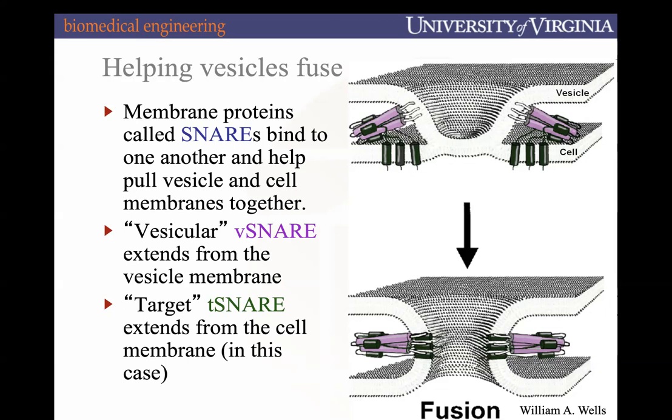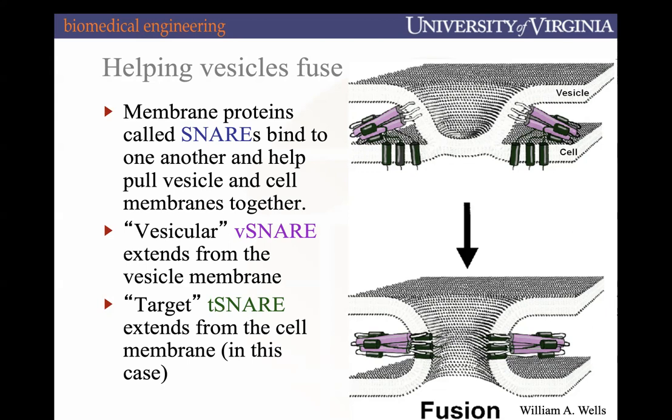Whether it's endocytosis, things being brought into the cell, or exocytosis, like neurotransmitters being released, vesicles binding to membrane requires these SNAREs. We have two species of SNAREs that we're going to focus on. We have vesicular SNAREs, or v-SNAREs, that come from the vesicle membrane, and we have t-SNAREs, which are the target SNAREs that come from the cell membrane.